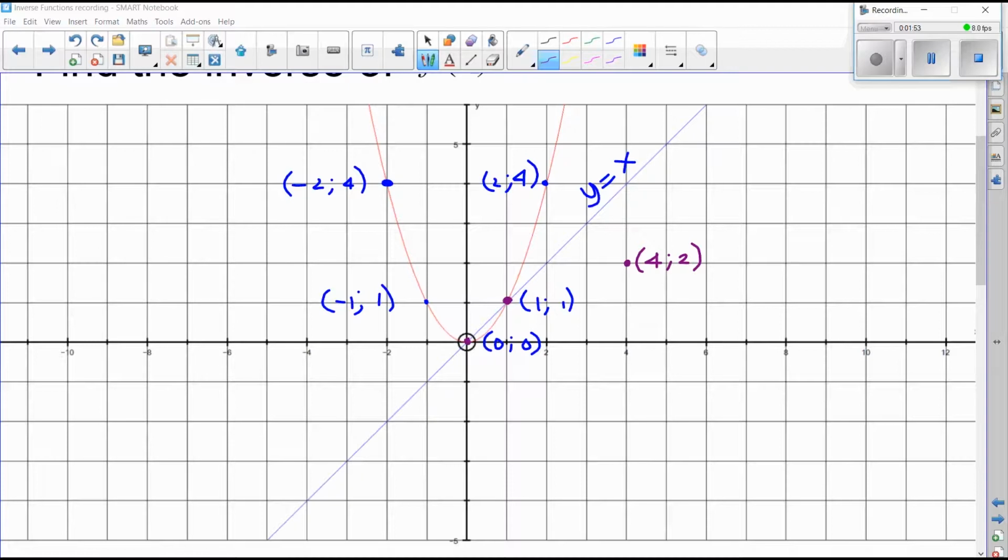So I'm going to reflect negative 1, 1, and it becomes x will be 1 and y will be negative 1, which is this point here. The last point that I'm going to reflect is when x is negative 2, y is 4. The image of that point would be x is 4, y is negative 2.